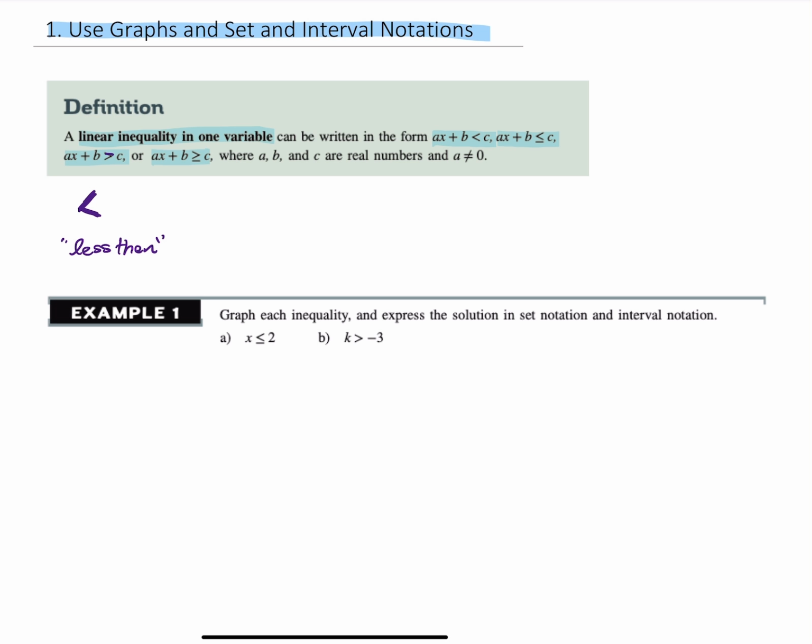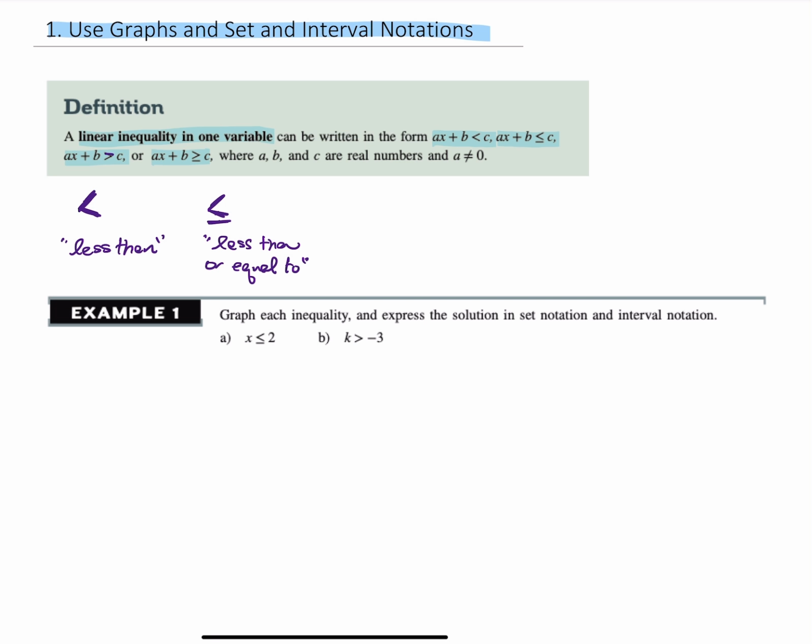And then you can see the same symbol but with a line underneath. This means less than or equal to, meaning it is either less than or it's equal to the statement on the right.